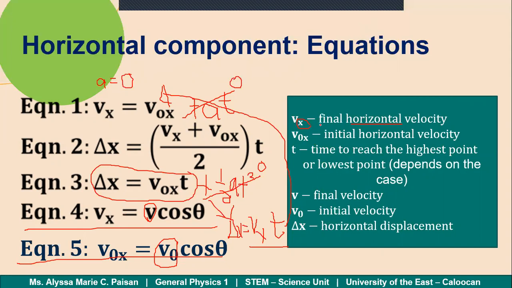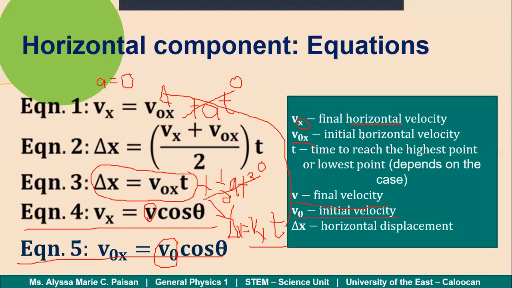So this one, the final horizontal velocity, is also synonymous to final velocity along the x-axis. So that's the x component of our final velocity. On the other hand, the v naught x, or the initial horizontal velocity, is the x component of the initial velocity.